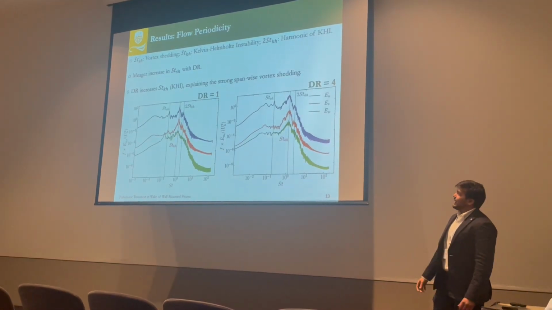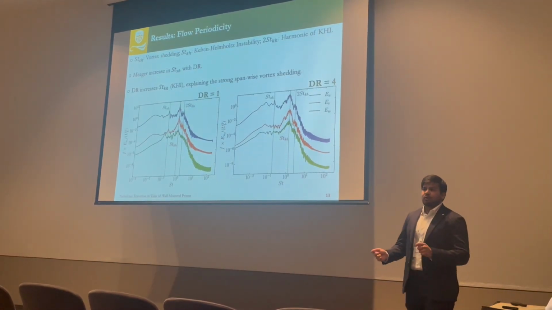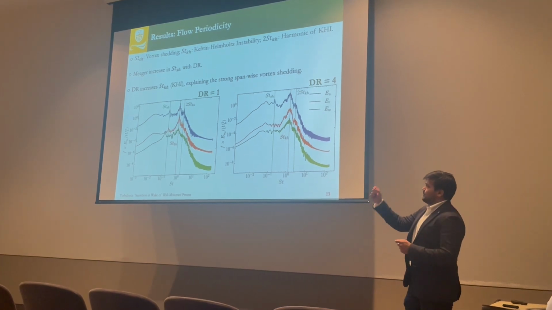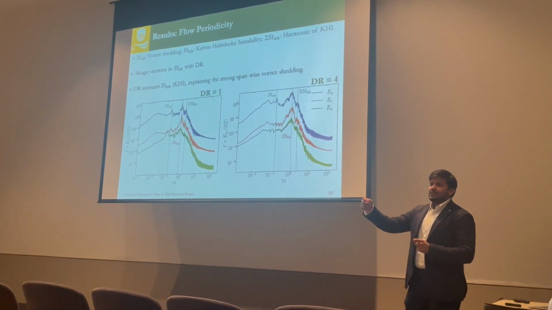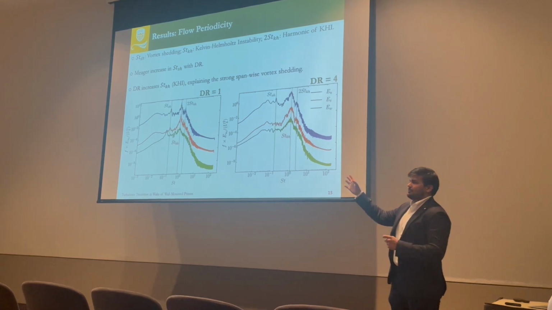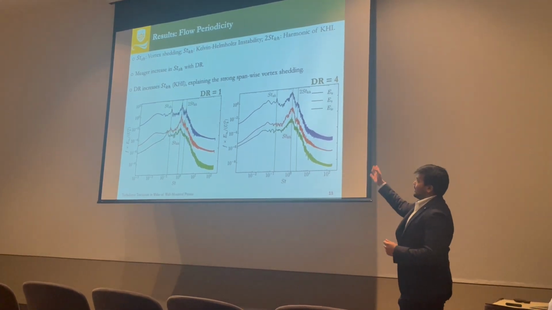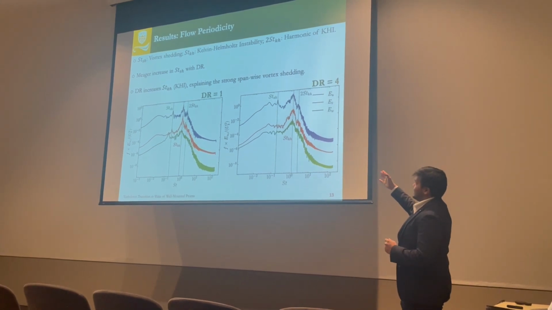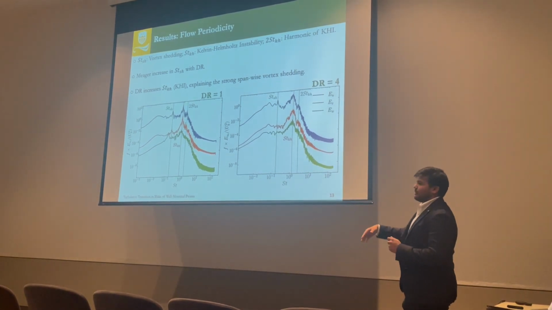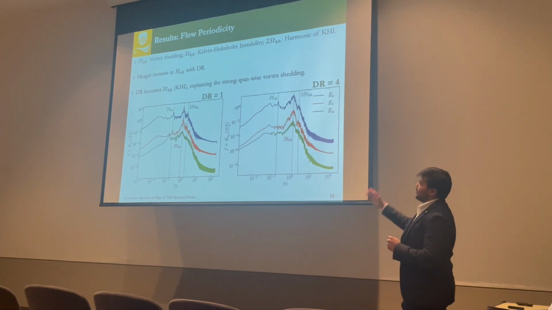Further, we look at the overall flow periodicity for both of these cases. So we probe a point near the leading edge for both of these cases, and we find these prominent signatures of Kelvin-Helmholtz instability. We also find the signatures of its harmonic, as well as the signatures of one Kármán shedding frequency for both cases.